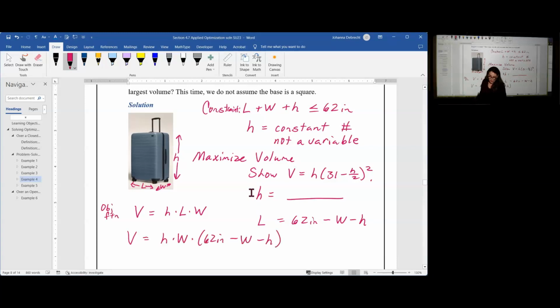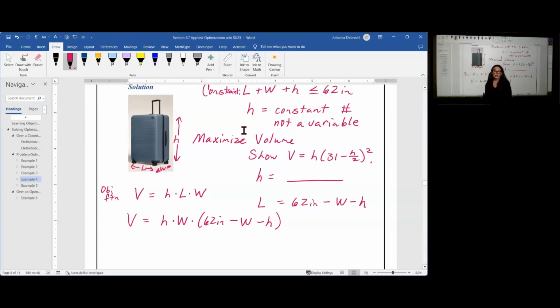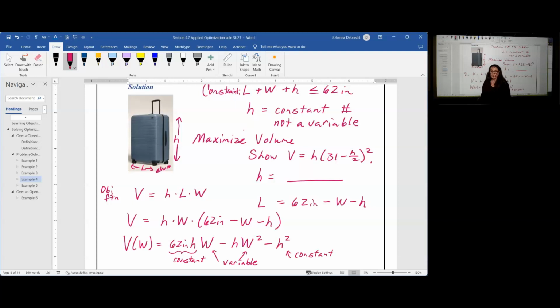Go ahead and multiply it out and then rewrite it in terms of W. When we do that, notice that the only variable is W and that the minus H squared is constant, the H is a constant, and 62 inches times H is a constant. That means that we have a quadratic equation in terms of W.